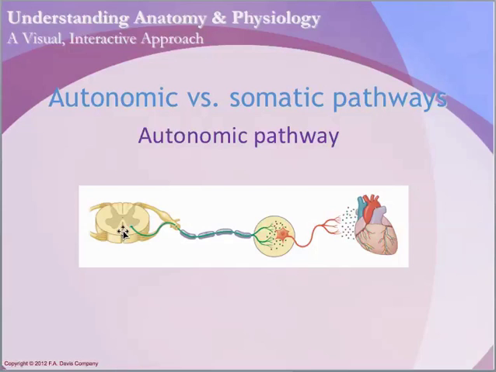In the ganglion, it synapses with a postganglionic neuron, this one here, so preganglionic neuron, postganglionic neuron. At the synapse, the neurotransmitter acetylcholine is released to stimulate this postganglionic neuron. The axon of the unmyelinated postganglionic neuron extends to the target organ. So here it's showing you the heart is the target organ.